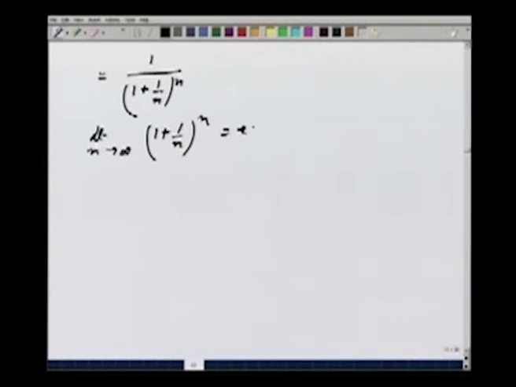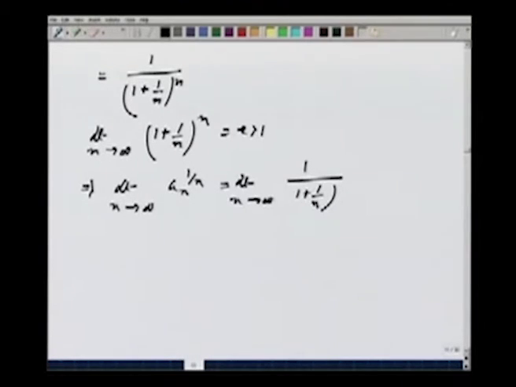So I can write this as, and since we know that limit n going to infinity 1 plus 1 by n whole to the power n is e, which is strictly bigger than 1. This then implies, since I have 1 by, that limit n going to infinity an to the power 1 by n is 1 by e, which is strictly less than 1. This implies then the series converges.